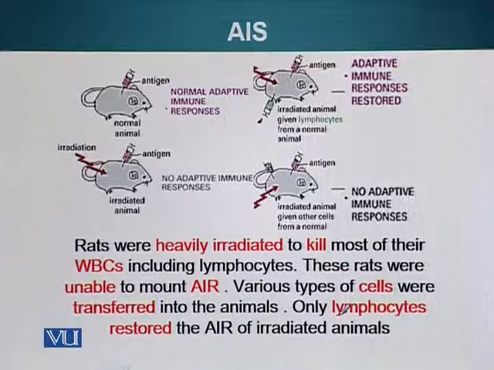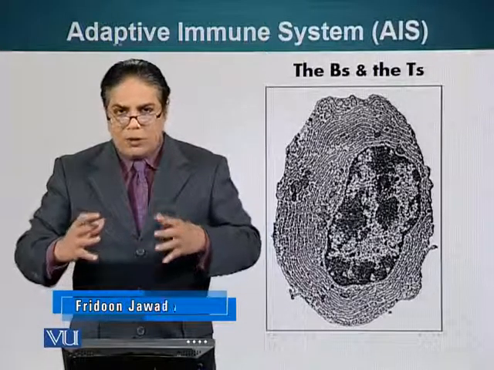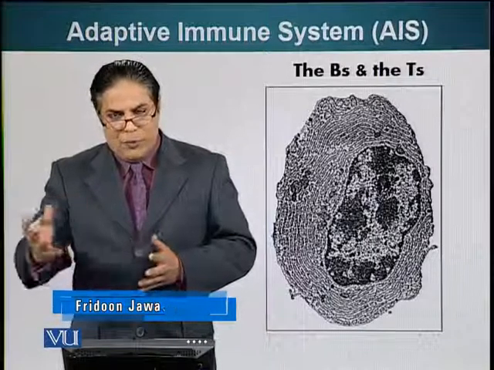When these rats were supplemented with different types of cells to see what type of cell would restore the function of the adaptive immune response, it turned out that only lymphocytes can restore the adaptive immune response of these irradiated rats. Okay, so these adaptive immune cells are responsible for mounting adaptive immune responses, and these responses also have to be very regulated, because our army turning against ourselves can, as I mentioned, be disastrous for that particular organism.